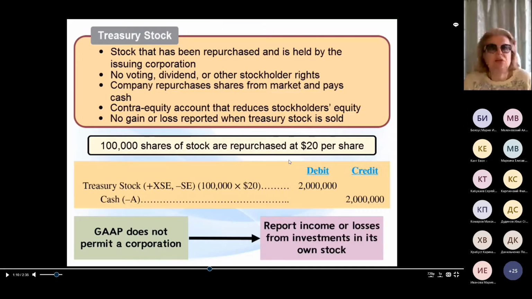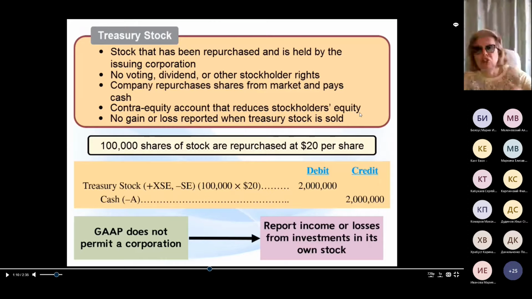So I would like to repeat once again the main characteristic of treasury stock. First of all, these are shares that have been repurchased and are held by the issuing corporation. So no voting rights, no dividends, no other stockholders' rights. This is the contra equity account that reduces stockholders' equity.